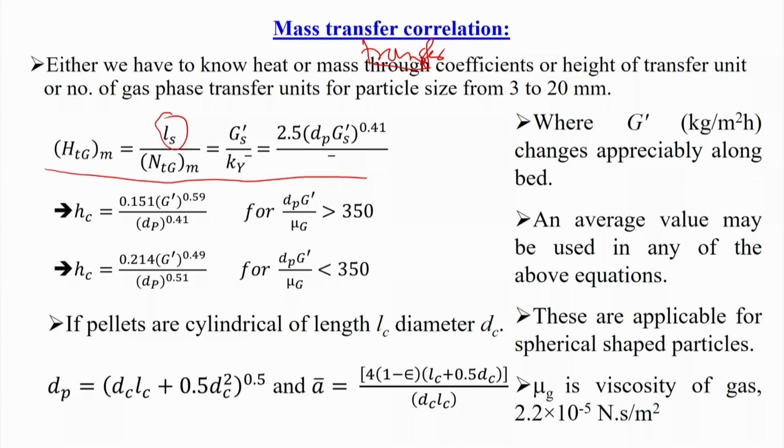So, from there we get G s prime divided by K y prime, and H T G is equal to L s by N T G is equal to G s by K y prime into A prime, which is equal to 2.5 into dp into g s prime to the power 0.41 divided by this a prime.